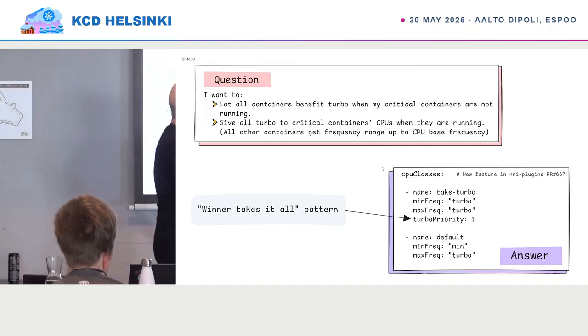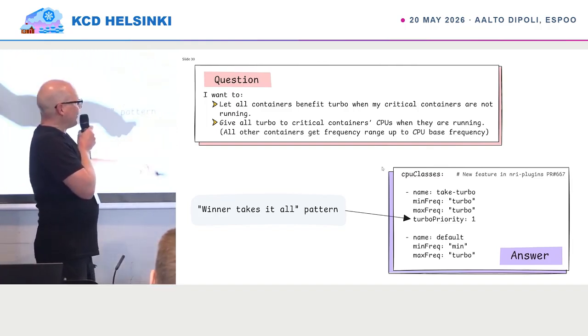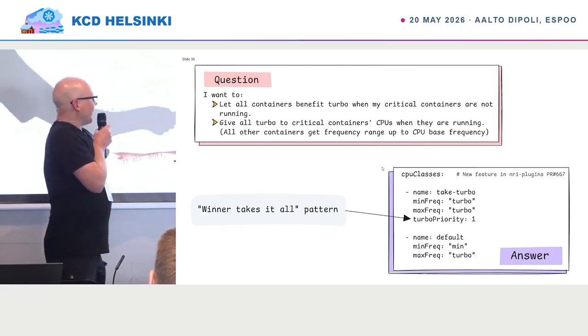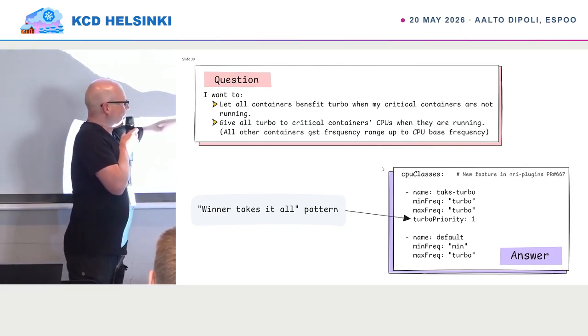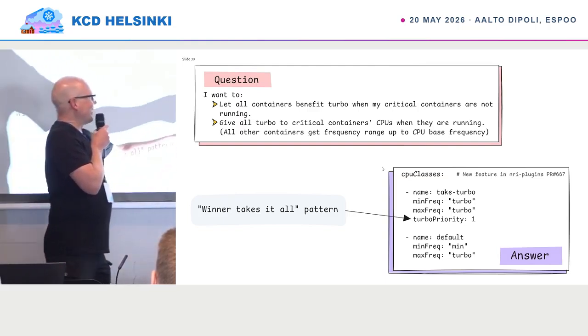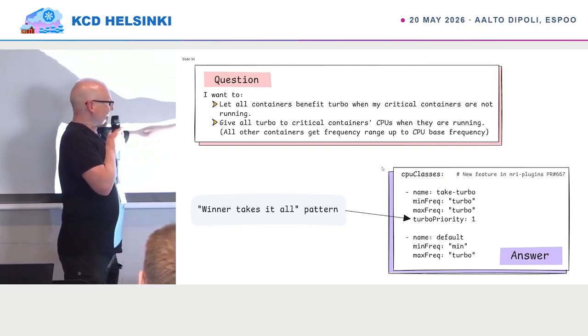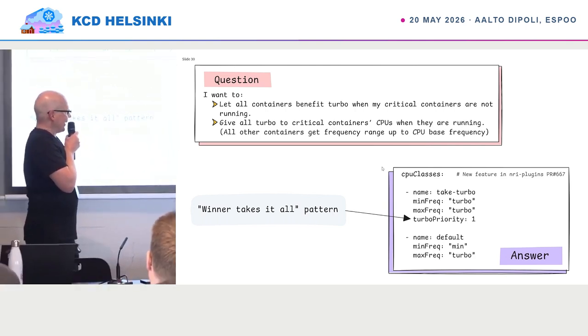We have CPU classes that can be defined by a user, and there you can use symbolic names for minimum and maximum frequencies. For instance, here the turbo CPU class says that both min and max frequency is the turbo frequency.